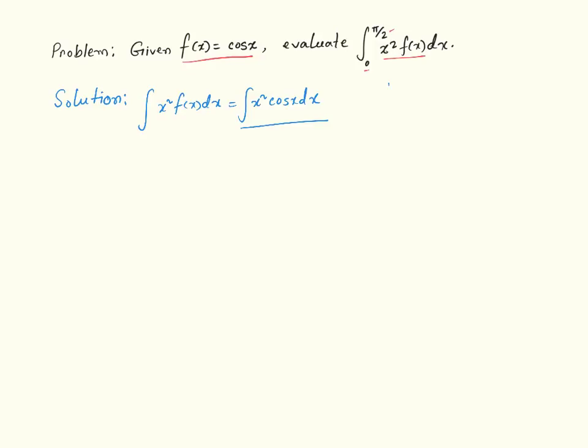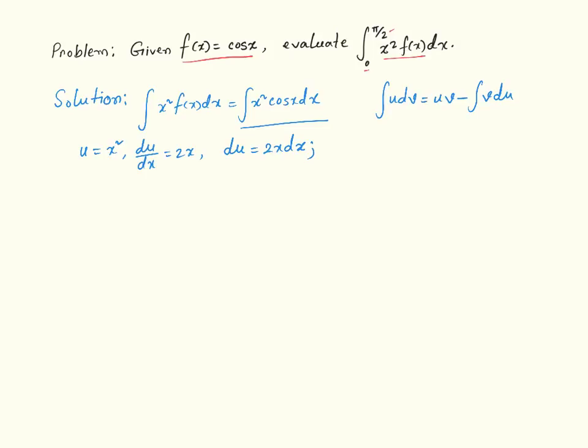Remember, integration by parts tells you the following: integral u dv is equal to uv minus integral v du. Here we have to carefully select u and dv. In our case, we select u to be x squared. In that case, du over dx is going to be just 2x, or we could write du is equal to 2x times dx.